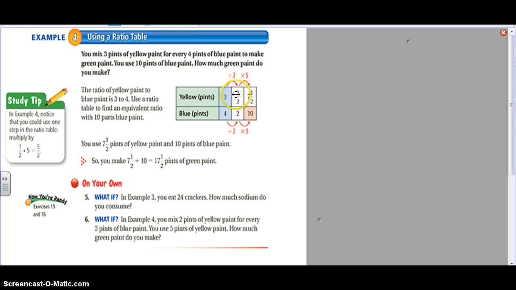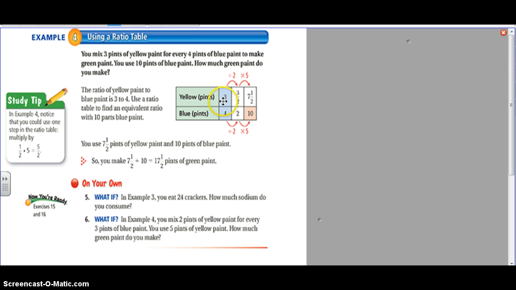So 3 divided by 2 is 1.5. Written as an improper fraction, that is 3 over 2. Before we multiply, we have to switch that 1.5 into an improper fraction, so they did it right away.